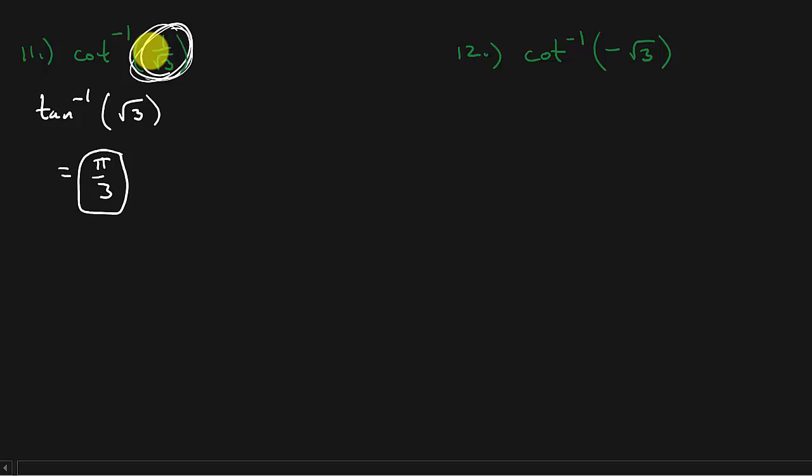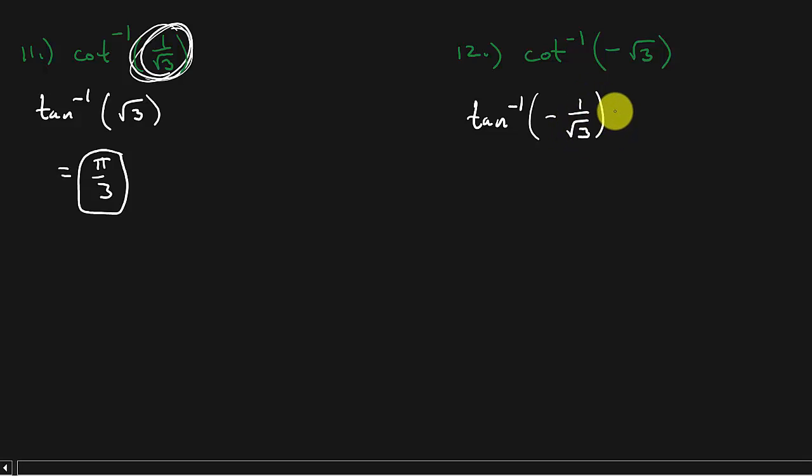Now let's come over here. We've got inverse tangent of negative 1 over square root of 3, which is inverse tangent of negative square root of 3 over 3 after I rationalize the denominator.